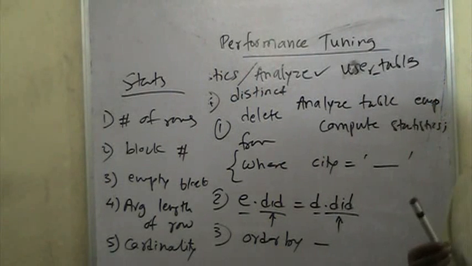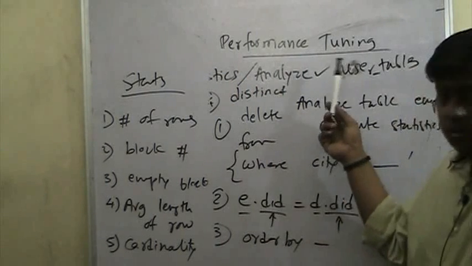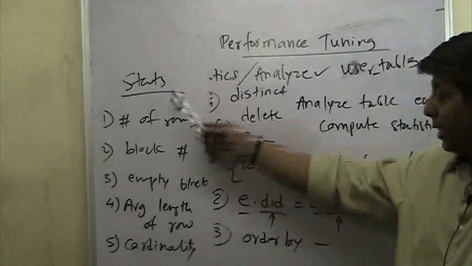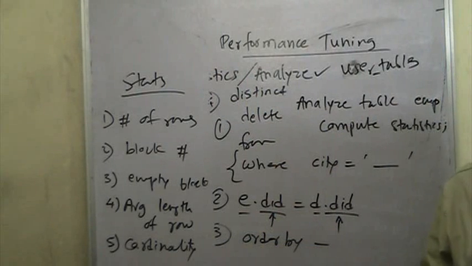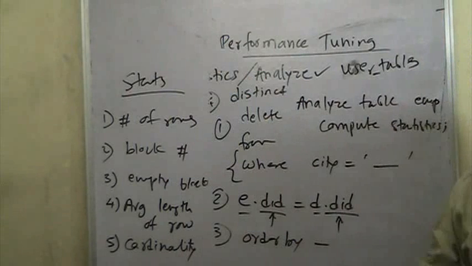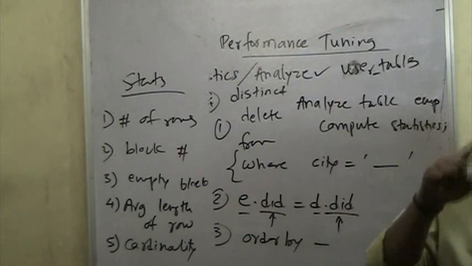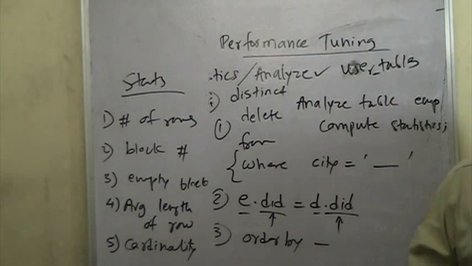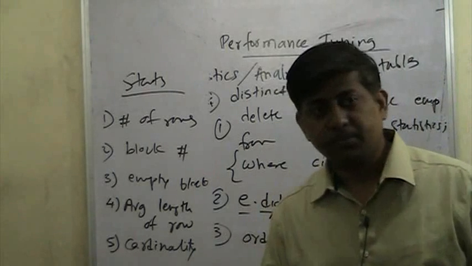What is the purpose of doing this? When we execute any command, the optimizer is going to go and read the statistics. It would know that this table is almost empty, very small, and has only one block. This table has an index. So all the information about that table will now be read by the optimizer, and the optimizer can make a very smart decision whether to do a full table scan and get the answer quickly, or to read the index and then the actual table and get the answer quickly.